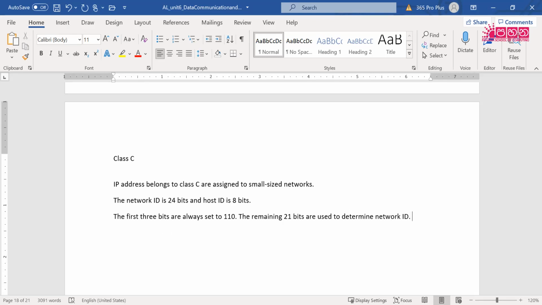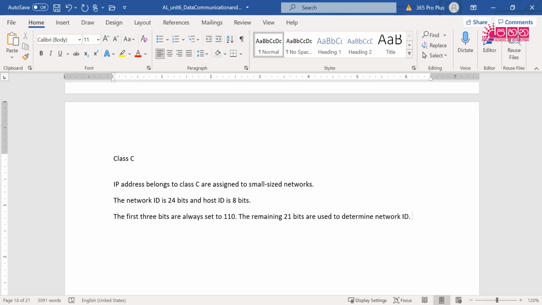I hope that you remember, because we said it's 3 bytes and 1 byte. So that means 24 bits and 8 bits. But first 3 bits are always set to 110.